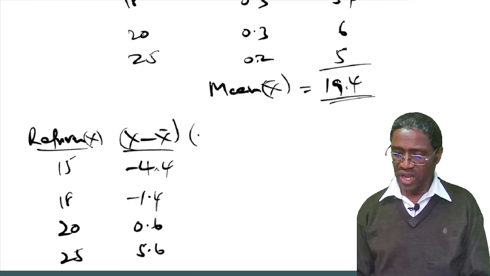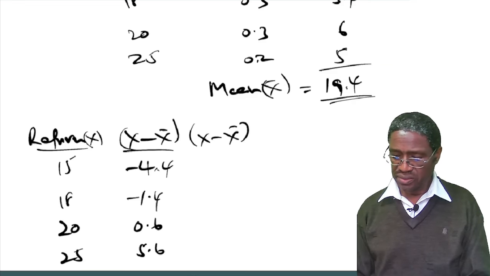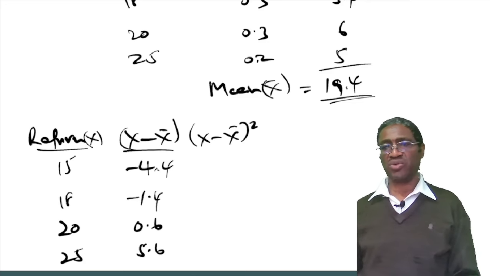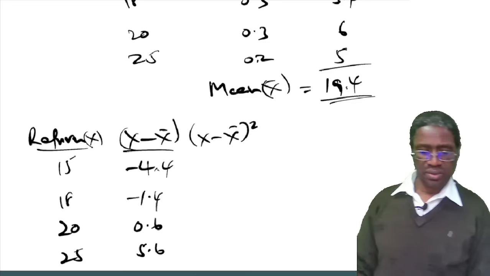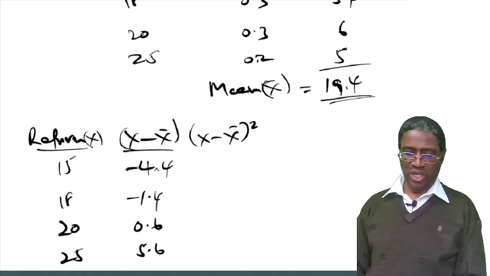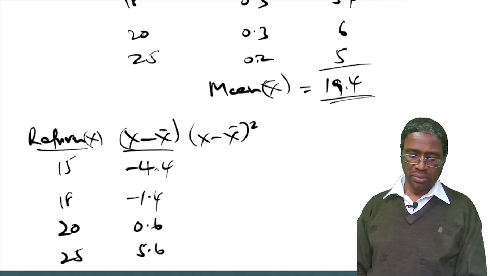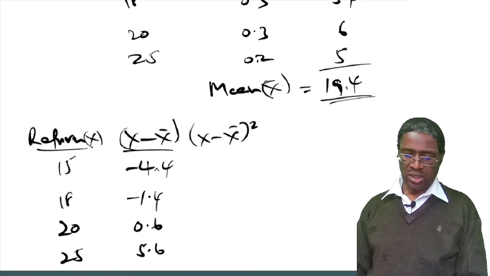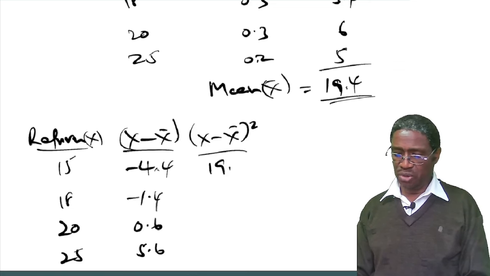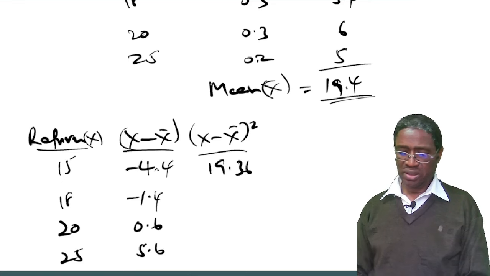Then I square the deviations. When I square those deviations, 4.4 squared is 19.36.